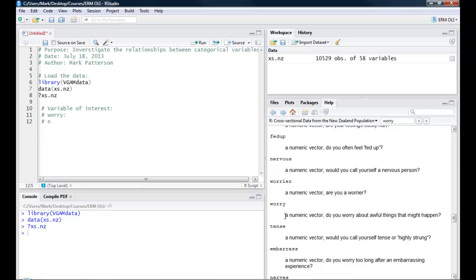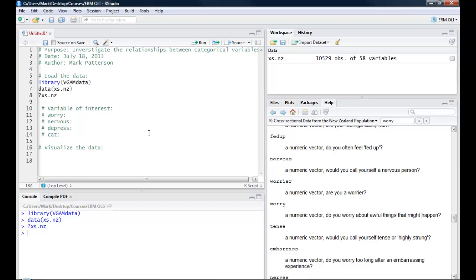And then there's another variable called nervous, which is about whether people self-identify as being a nervous person. There's a variable about depression called depress, and then another called cat, which is about whether or not people own a cat. So now we can go ahead and visualize the data.